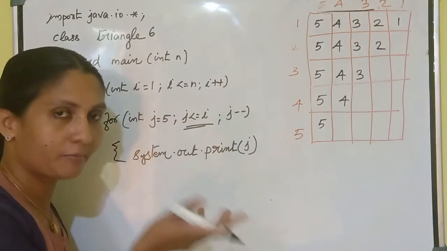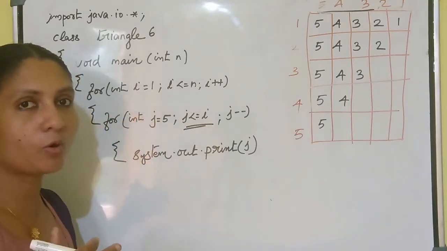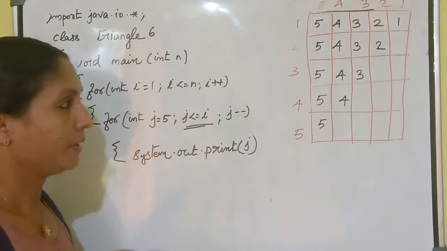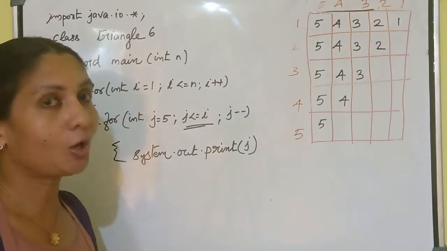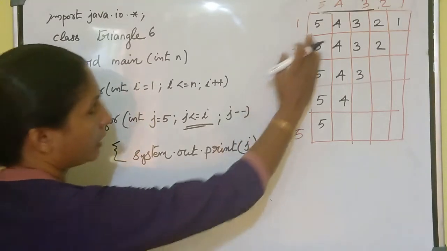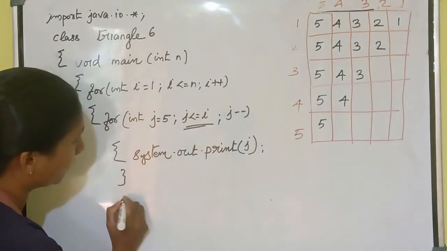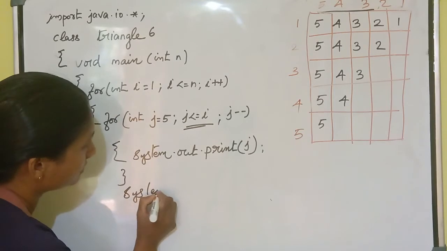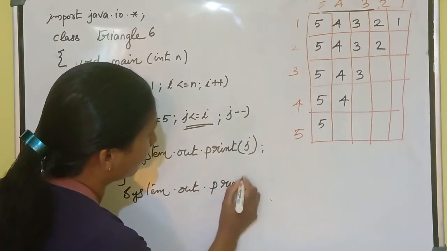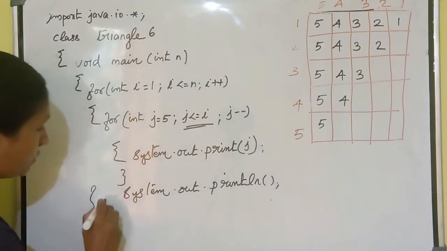In the previous program we printed the value of row, because in that program the values represent the row number. But here the values represent the column numbers. Then we print j. Here we have to give print only. We need 5 columns, after that we need one new line. For that purpose we give System.out.println. If you give like this, then close 2 brackets.